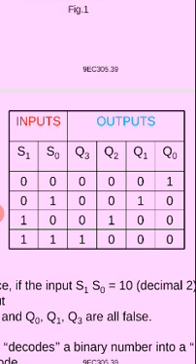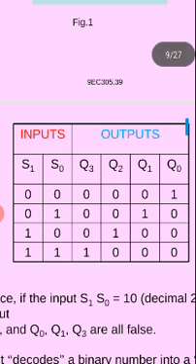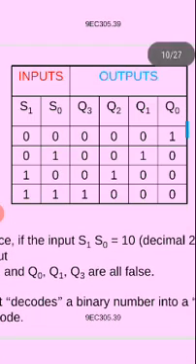For 1, 1 combination of inputs, Q3 becomes 1 and Q2 0, Q1 0, Q0 0. It is the 2 to 4 decoder truth table.